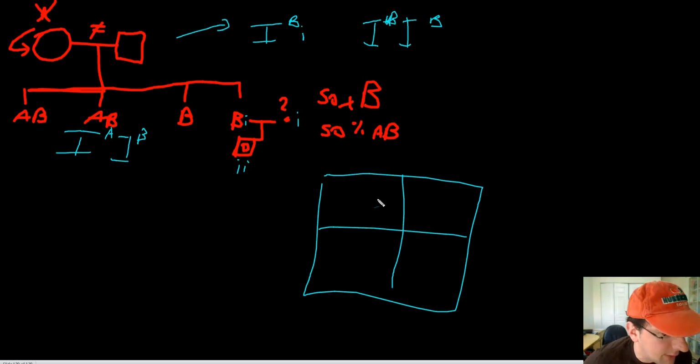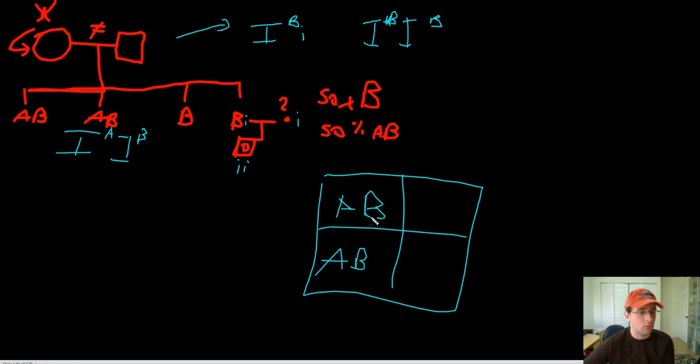Now we know for a fact that 50% of the time you're going to get those AB. So just to save time, instead of using the I system, I'm just going to write down the genes as A and B or O. And you also know that there's going to be at least one child here somewhere that has the B with the O recessive gene. So you know that that's going to have to happen.